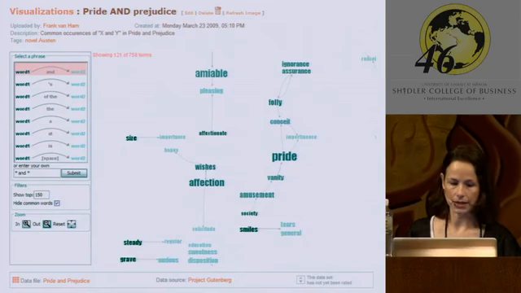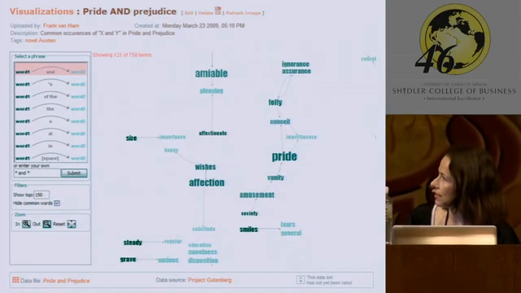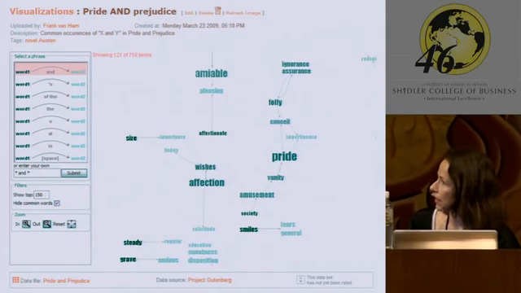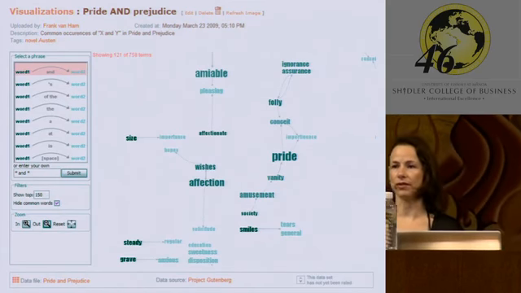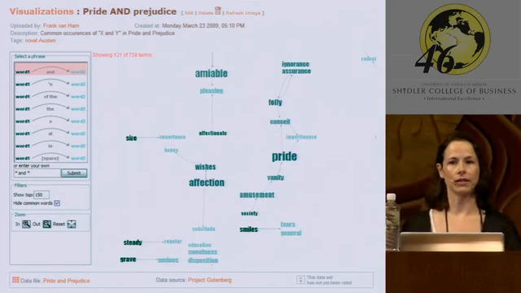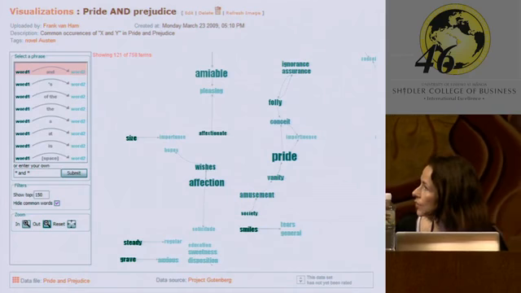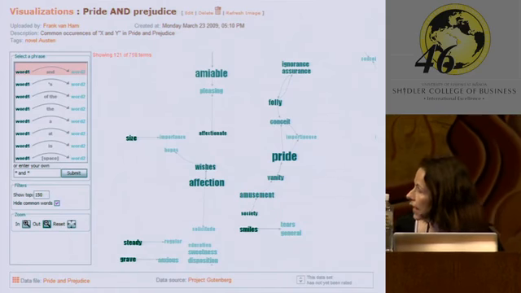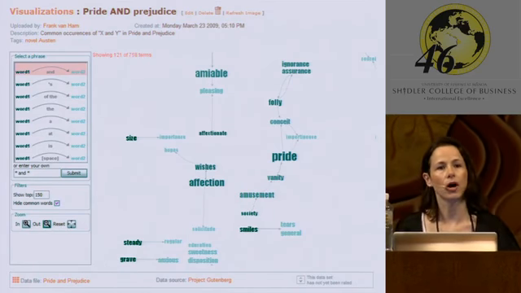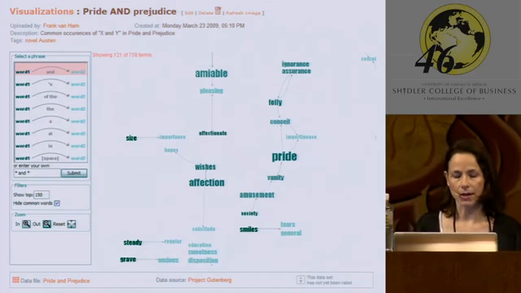I have pride, which is connected to conceit and impertinence and folly and vanity. How interesting that all these negative concepts are connected together, which is different from another cluster at the top there with amiable and pleasing and affectionate, all positive concepts.